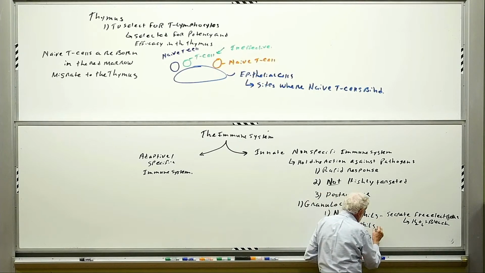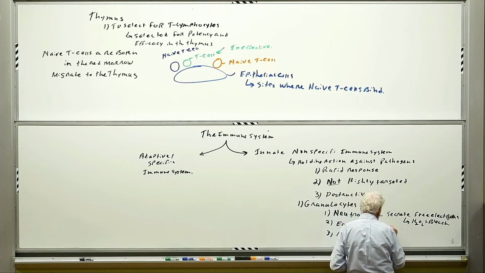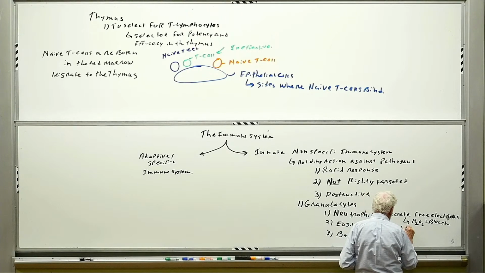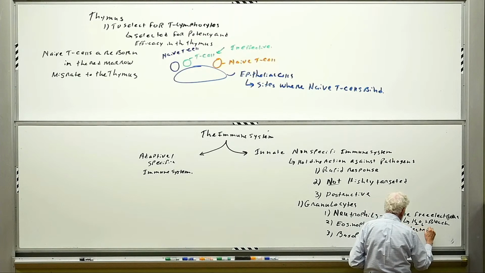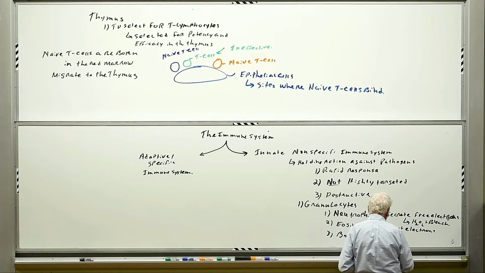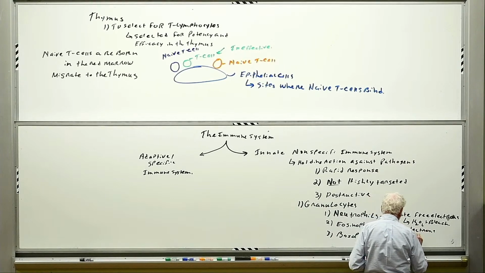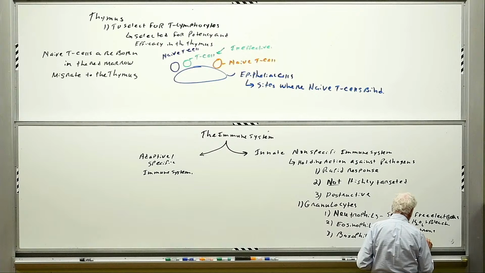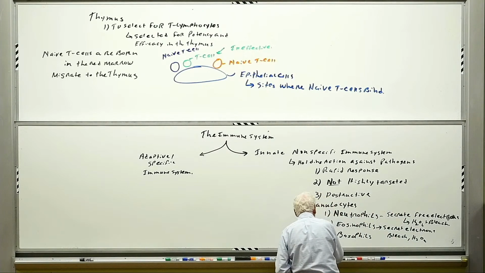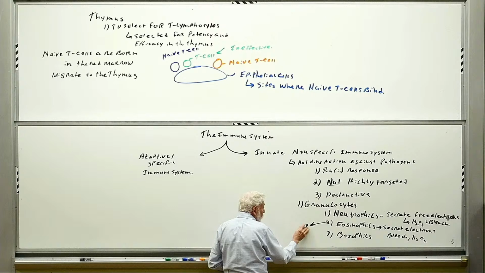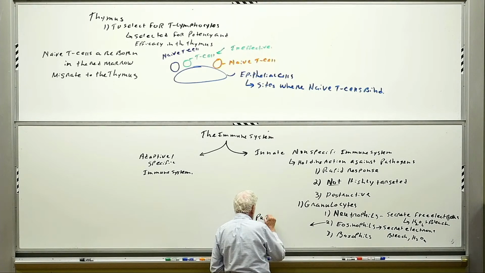The eosinophils secrete, again, electrons that turn into bleach and hydrogen peroxide. But the eosinophils are directed at parasitic worms.